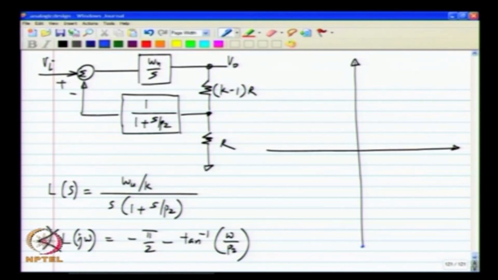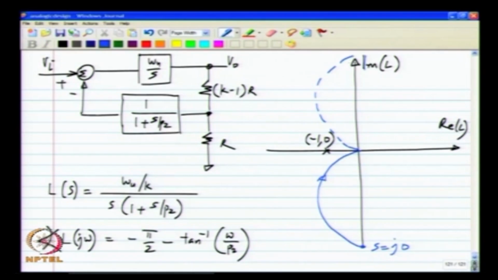So the Nyquist plot starts from minus infinity on the imaginary axis, okay, and this is -1 0, and what happens is that it comes around like that, asymptotically reaching an angle of minus pi. Okay.